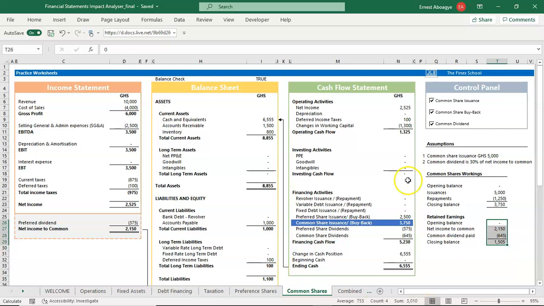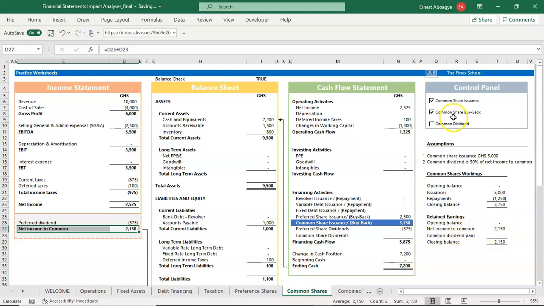Let me uncheck this balance. Realize that at this point we have made a profit of 2,150, and we are saying that we are paying 30% of this net income to common. This net income to common is what we use.